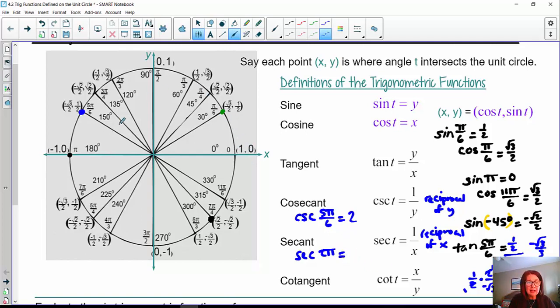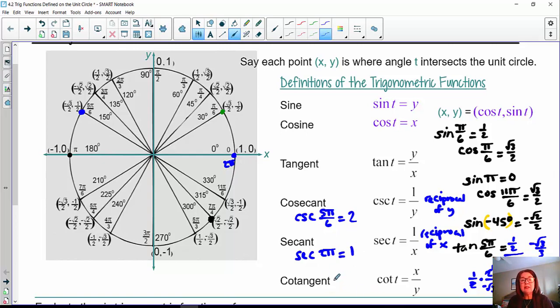We find 2 pi, which I do not have labeled on here for some reason, but there it is, all the way around. It's coterminal with 0. So here we're talking about this ordered pair. The secant of 2 pi is the reciprocal of the x value. Well, the x value is 1, so 1 over 1 is equal to 1.